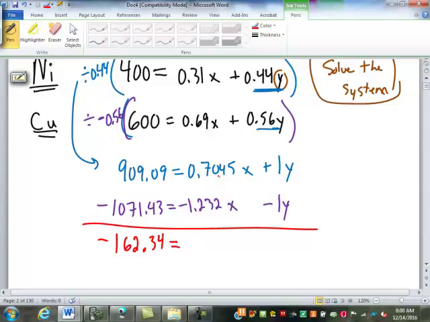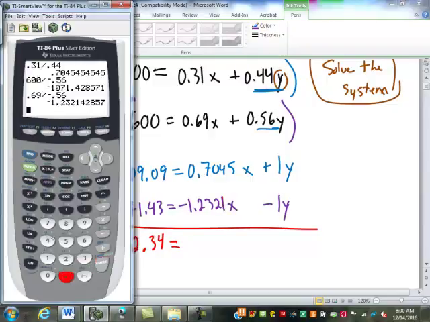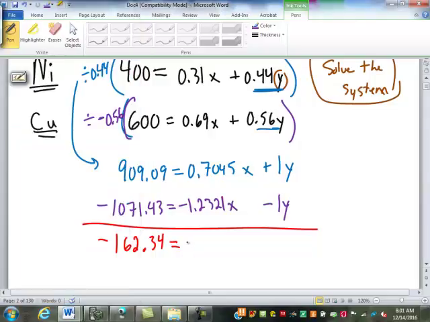Over here, 0.7045x plus a negative 1.2321. I'm going to do that one on the calculator. It's going to give me negative 0.5276x.